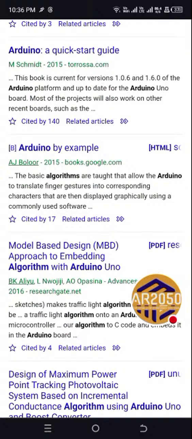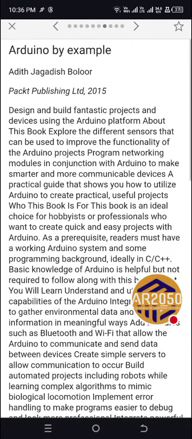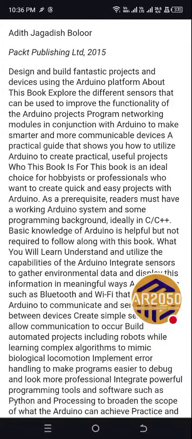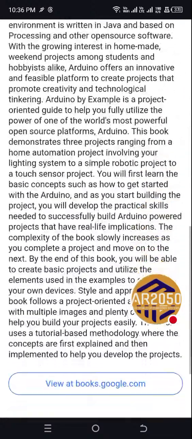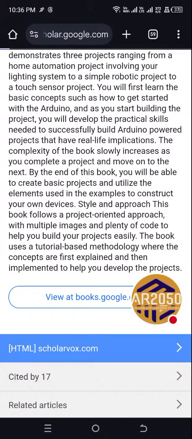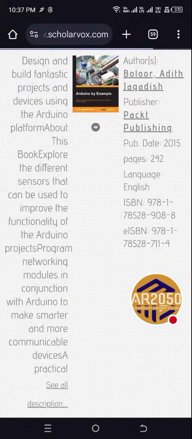Finger gesture into corresponding characters that are then displayed graphically using a commonly used software. Well, that is a good example. Design and build fantastic projects and devices using Arduino platform. About this book, explore the different sensors. Okay, so this is some kind of book. Let's watch it. Arduino by example.